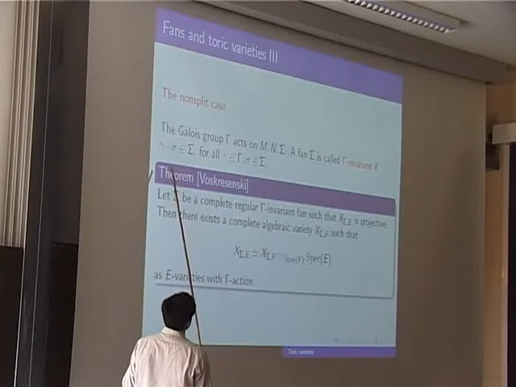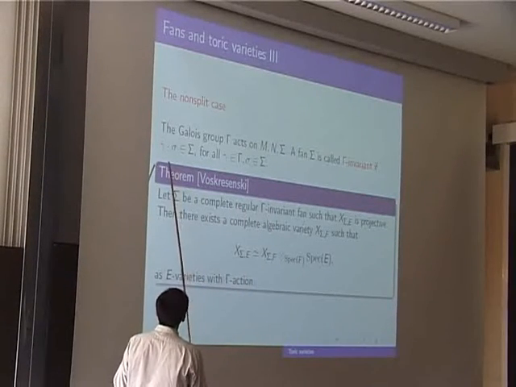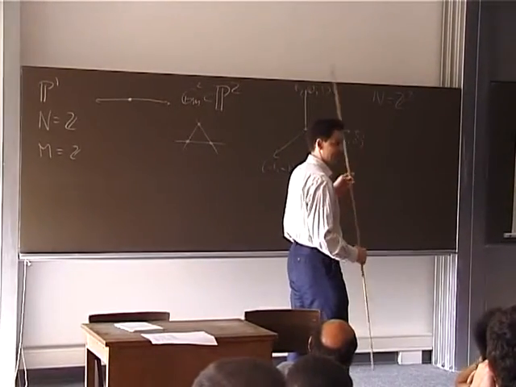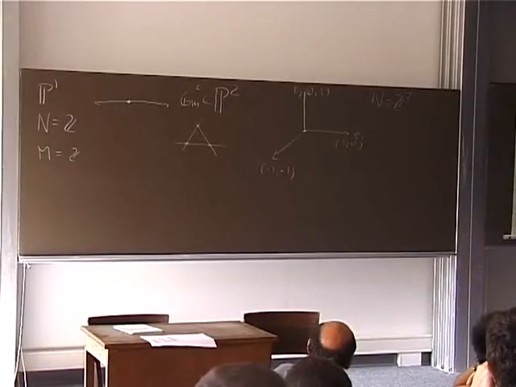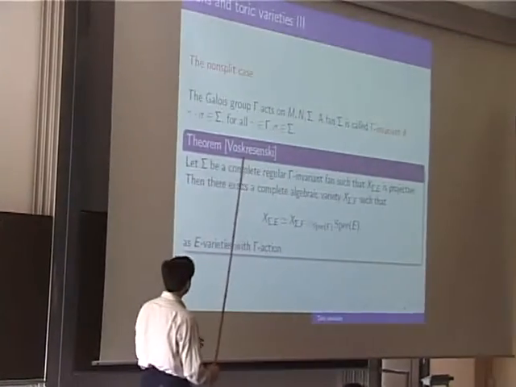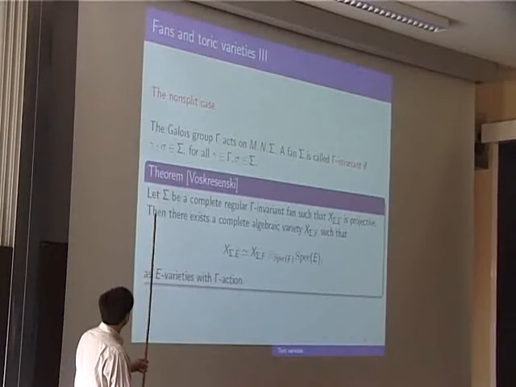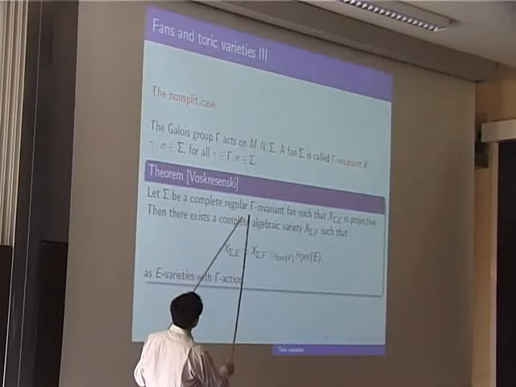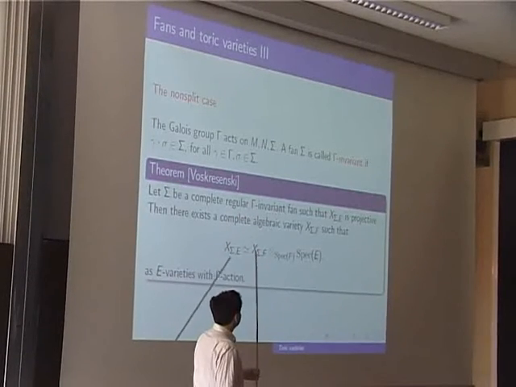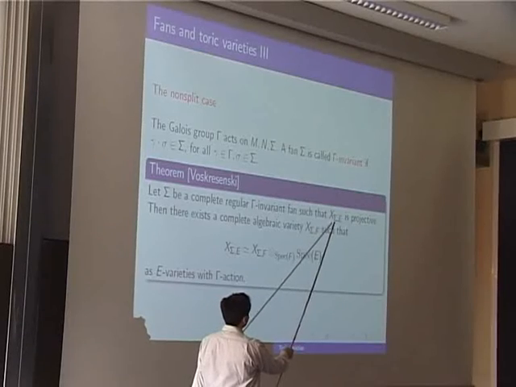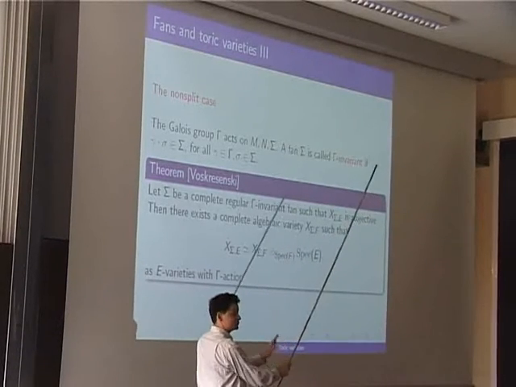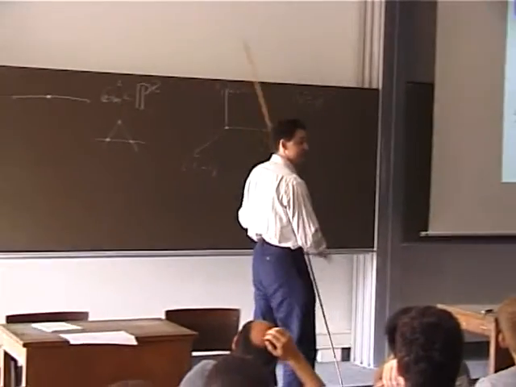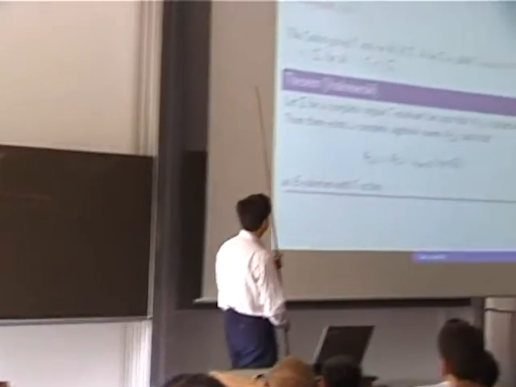And the theorem is that, if you take a complete fan, which is regular and gamma invariant, and in addition, if we know that the corresponding toric variety, the one we get from the fan, is projective, so that's a property that you can read off from the fan as well. That's some convexity properties of the fan. I don't want to go into this.